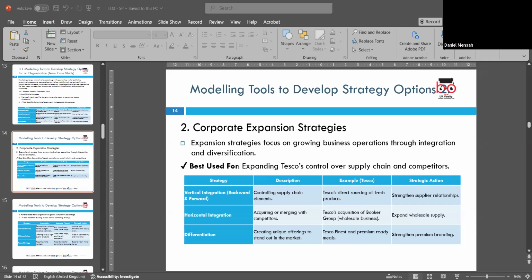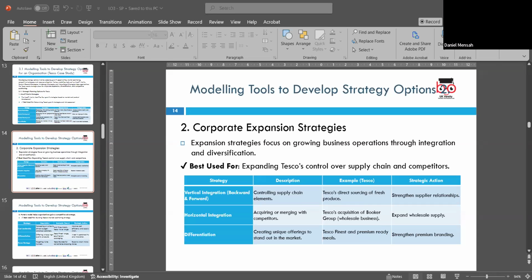Because these are the processes either before the production phase or after the production phase. Whatever comes before the production phase, we call backward integration, and whatever comes after the production phase, we call forward integration. It helps us ensure control over resources, reduce cost, and improve efficiencies.